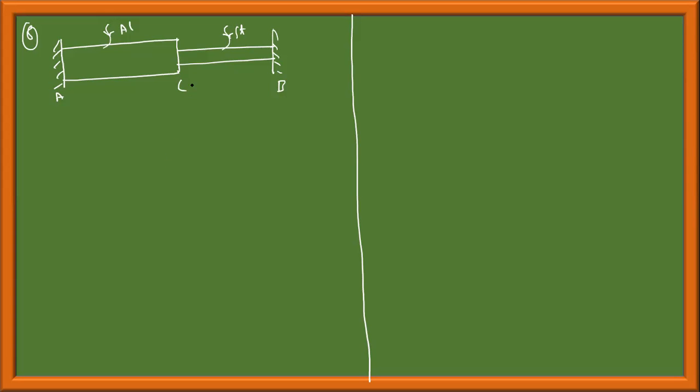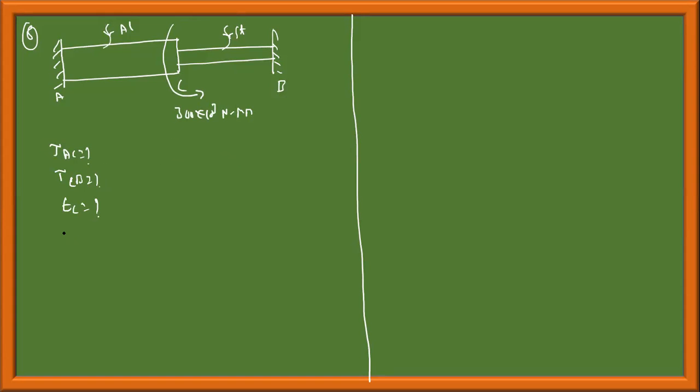Since it is a positive torque from this end, you will give the sketch also, 300 into 10 power 3 Newton mm. Calculate the shearing stress in each material. Tau AC is equal to how much? Tau BC is equal to how much? Angle of twist at the junction C, theta C, is equal to how much?